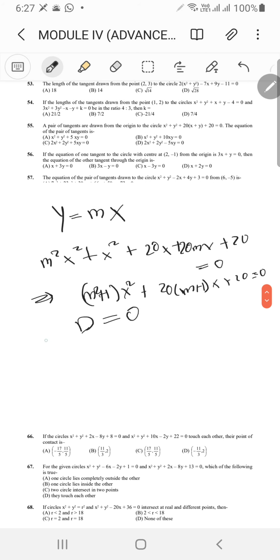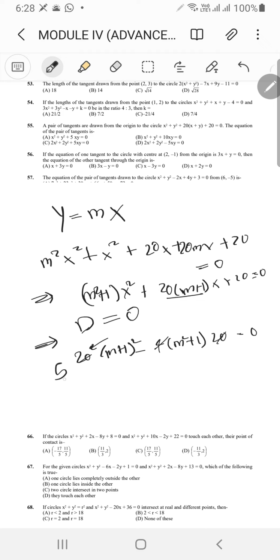So that's going to give me this thing squared, like 20 squared into m plus 1 squared, minus 4AC, so minus 4 into m squared plus 1 into C, which is 20. This should be equal to 0.